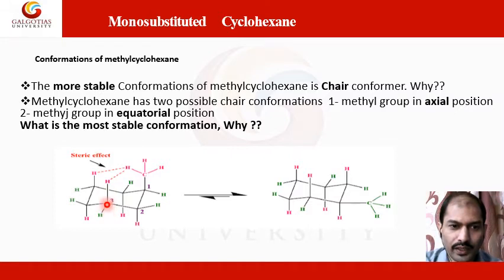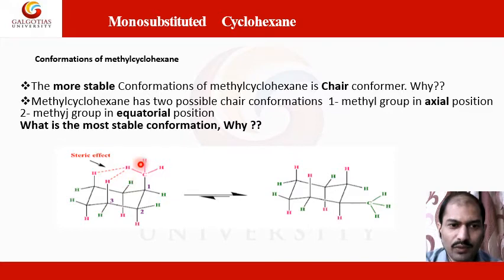Also, in cyclohexane, in the equatorial position there is also a hydrogen atom. If the substituent is on the axial side, there is an interaction, and this is a steric interaction or steric effect. It means the groups try to repel each other.